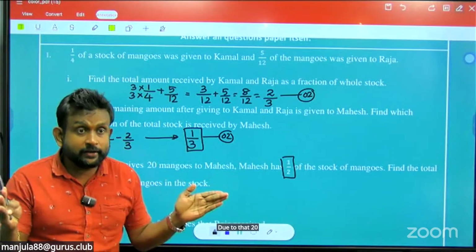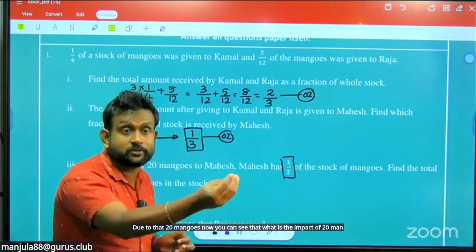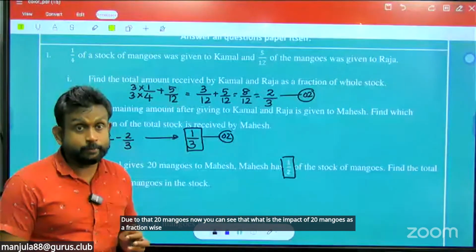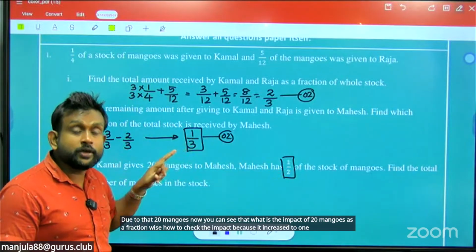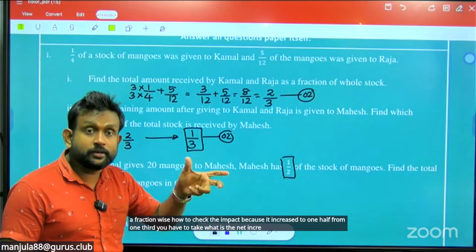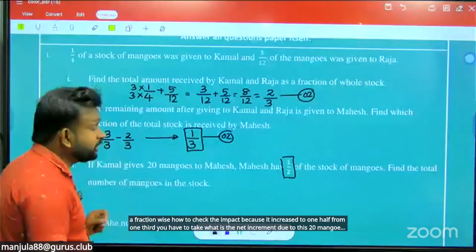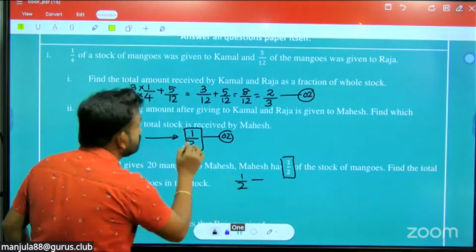Now you can see what is the impact of 20 mangoes fraction wise. How to check the impact? Because it increased to 1/2 from 1/3. You have to take the net increment due to these 20 mangoes. So how to take that increment? Now it came to half, 1/2. Previously it was 1/3.